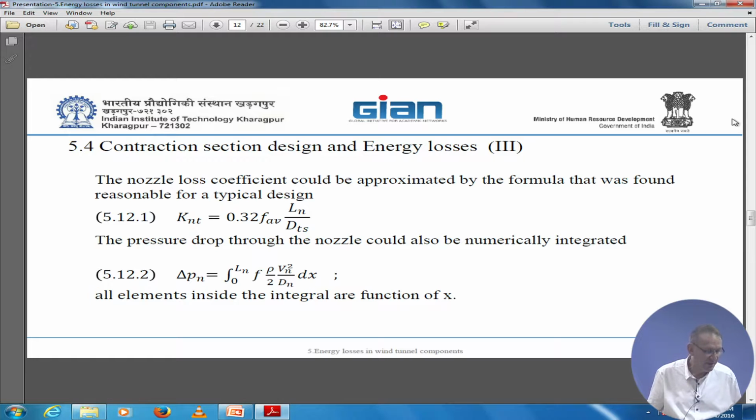That's why I recommended you to use drawers for your meshes, your screens. If you want only one screen, prepare screens of different sizes and check what you want. Trade-off. You want this turbulence level, you put this screen. You want this, you take this out and put this.